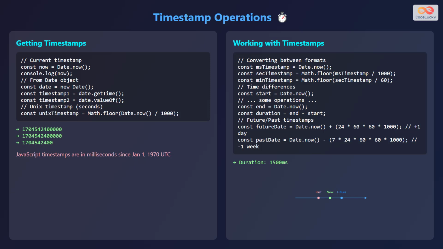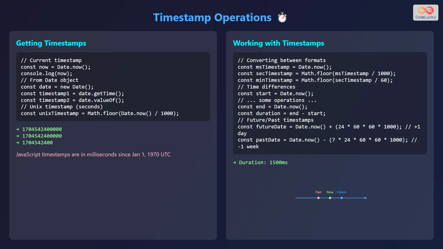JavaScript timestamps are always in milliseconds. You can convert timestamps between milliseconds, seconds, and minutes by dividing by 1000 and 60 respectively. For example, a timestamp in milliseconds can be divided by 1000 to get the seconds, and then the seconds can be divided by 60 to get the minutes.